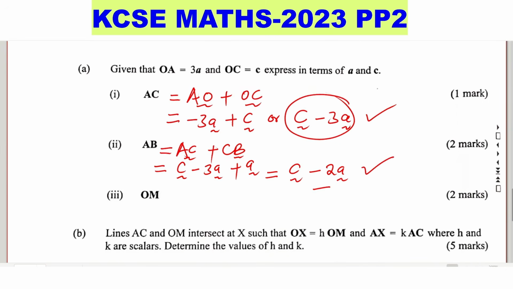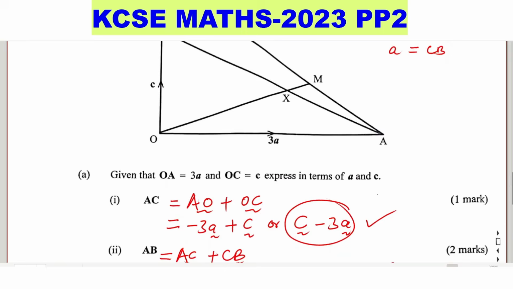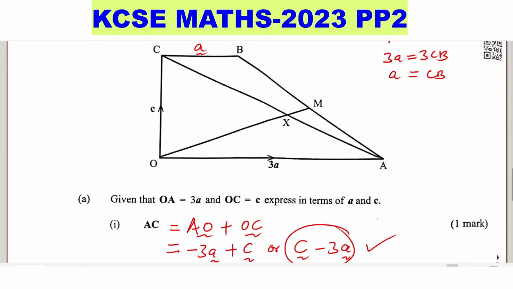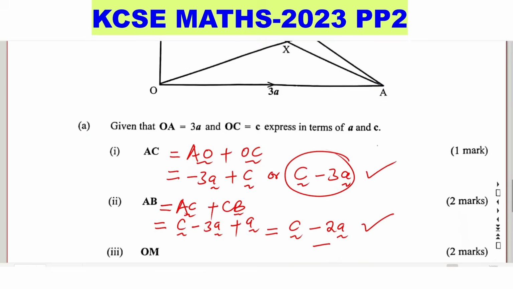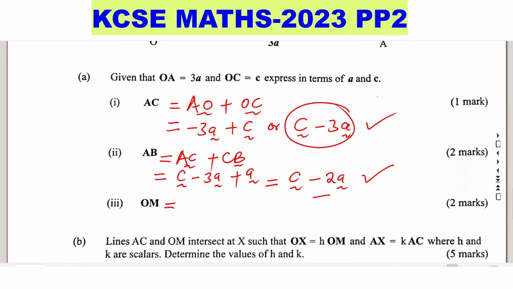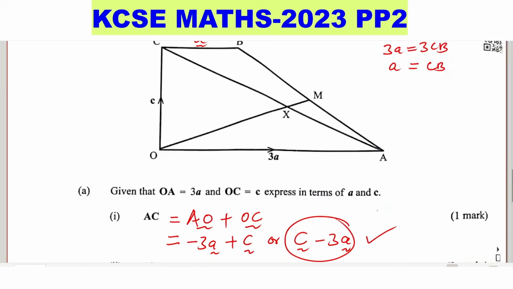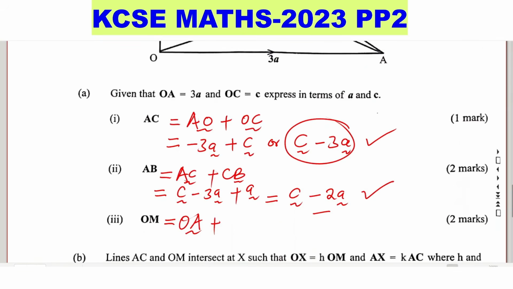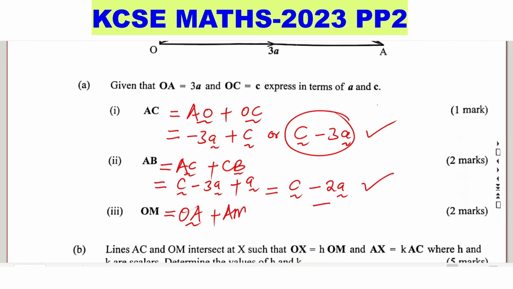Part 3, OM. So you want to move from O to M. The easier route will be to move from O to A, then from A to M. OA is given as 3A.